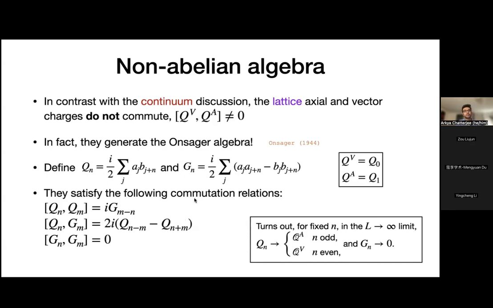So this really intricate Onsager algebra in the thermodynamic limit simply reduces to the U(1) vector and U(1) axial symmetries of the continuum, which commute with each other. This discussion was also partially present in these earlier works, where they studied a bosonized model, like a spin model, and they also pointed out this Onsager algebra structure in a related model.